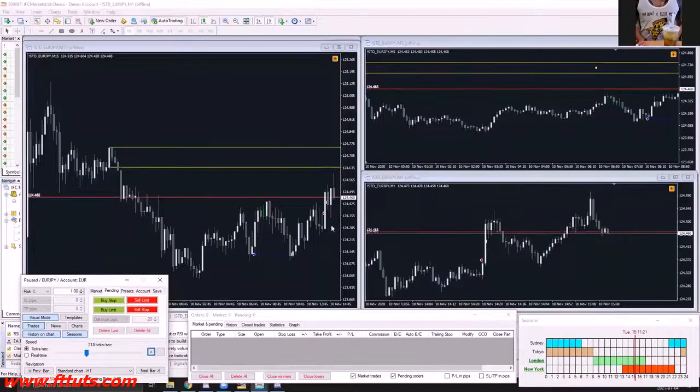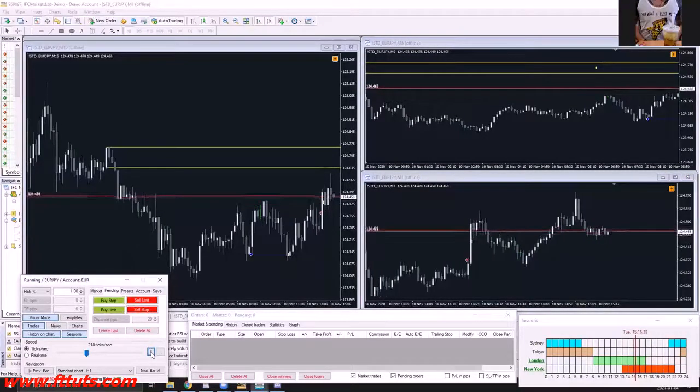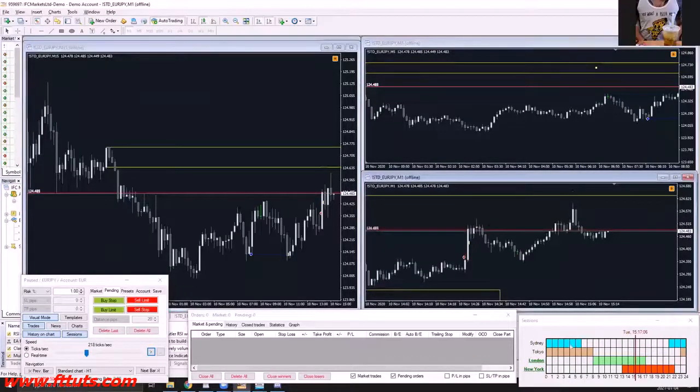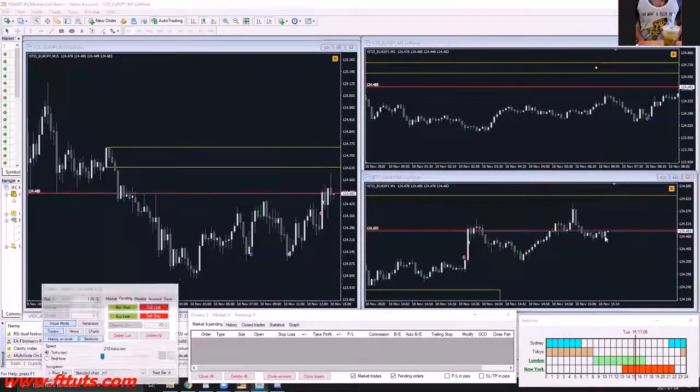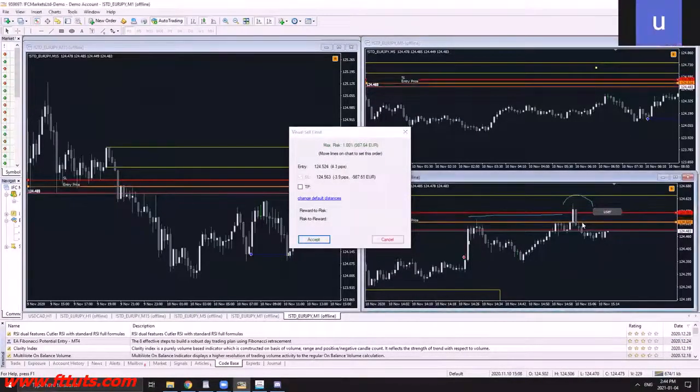Could get aggressive and put a short here. Let me see how price develops. What I'm going to do is be a little bit aggressive and place a short. Yeah, right there. Yeah, I like that.